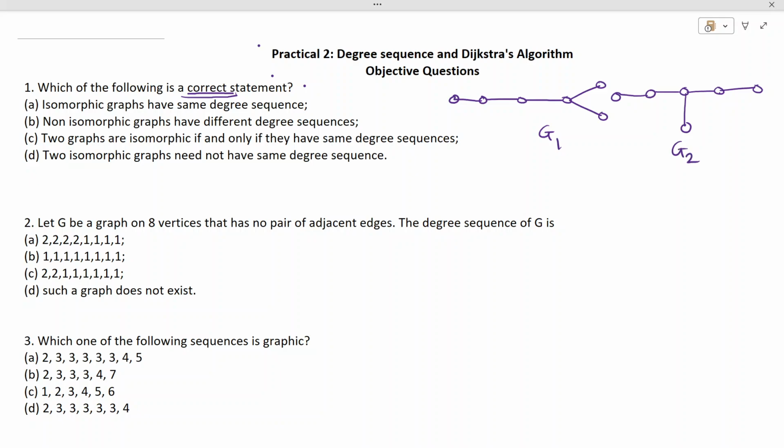These are the degrees of vertices in graph G1 and these are the degrees of vertices in graph G2.